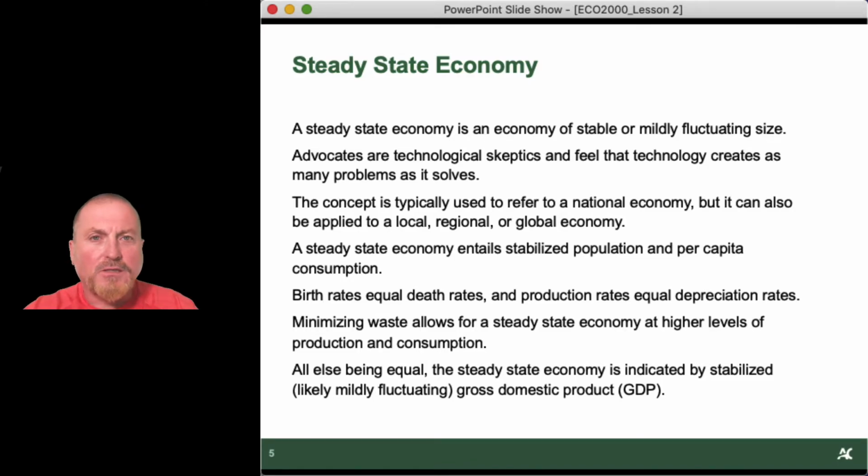Climate change is a classic example. We need to move to a steady state economy with respect to how much oil and gas we're burning, and emitting GHGs into the environment. There are arguments about steady state economy in terms of how much we exploit whales, how much we exploit fish in the ocean, to maintain a steady state where the economy is more balanced with the capacity of the natural ecosystem to shoulder the burden.